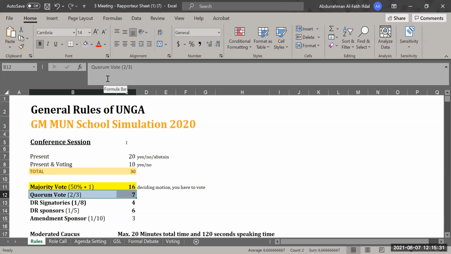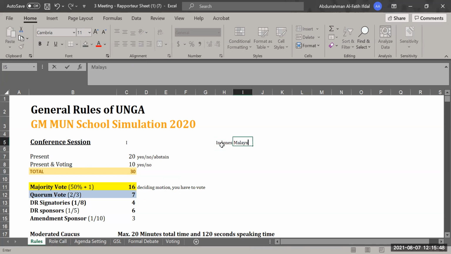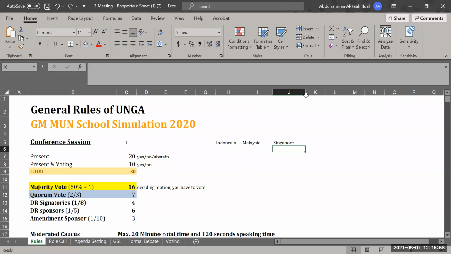So I'm going to make a simple quiz, a simple question where I need all of you to answer. I'm going to describe the question first. Let's say we have Indonesia, Malaysia, and also Singapore. This is during a moderated caucus where every country can propose a motion.